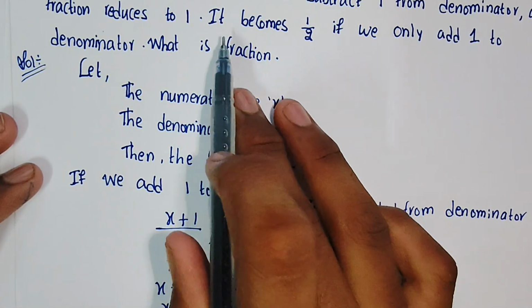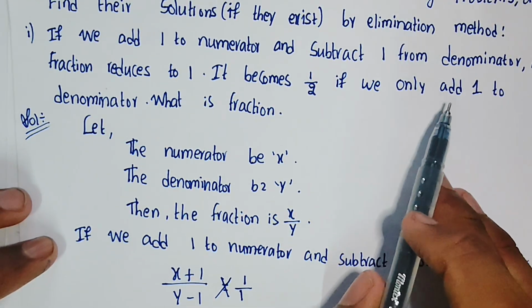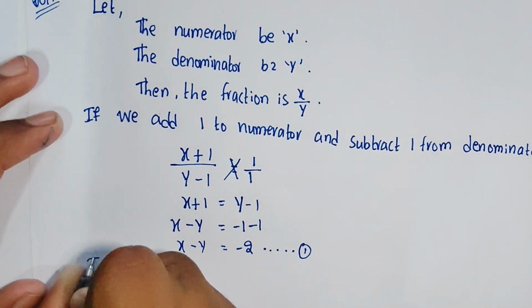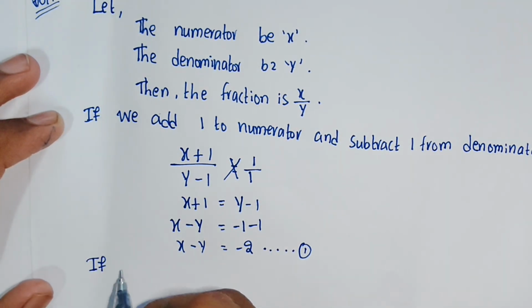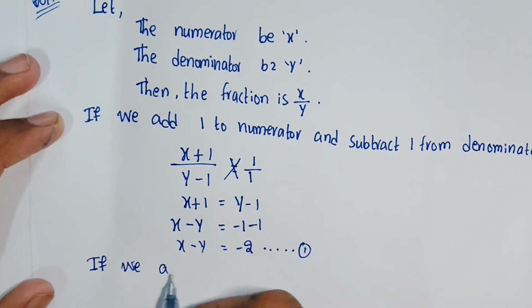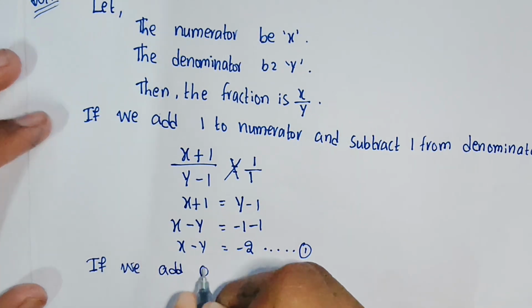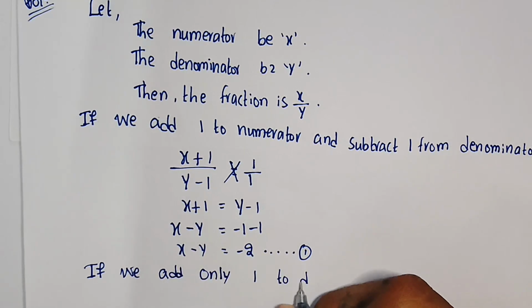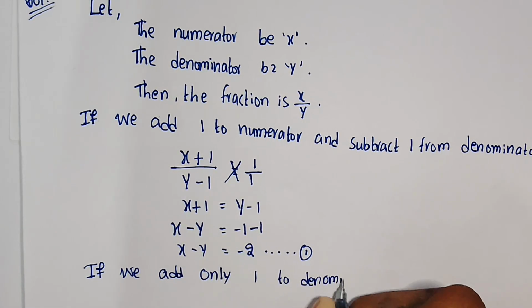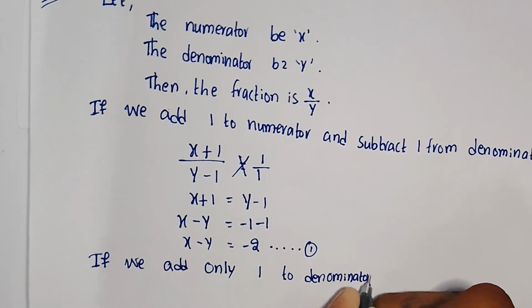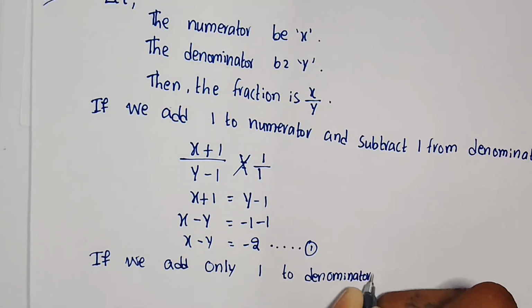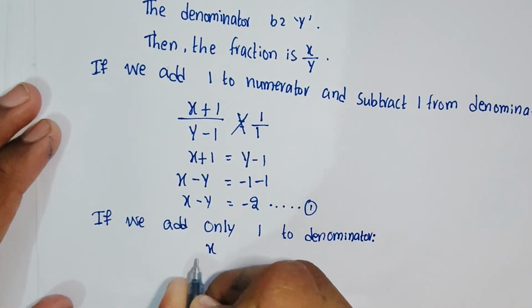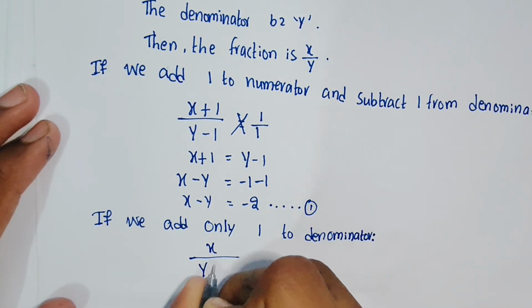After, what they said, it becomes 1 by 2 if we add only 1 to denominator. If we add only 1 to denominator, the fraction will be x by y plus 1.